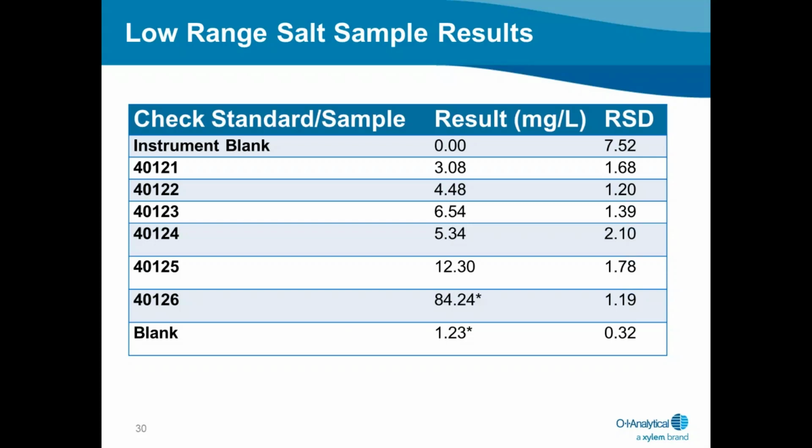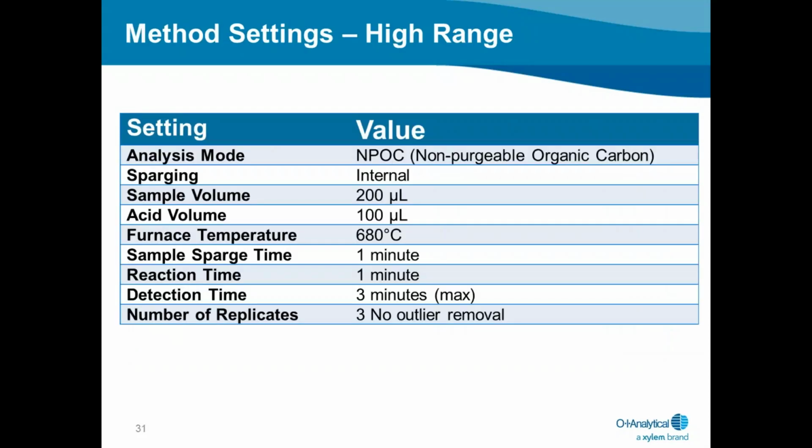Therefore, adjustments were made to the instrument to accommodate the unexpected high-range sample. The instrument was calibrated now in a range of 0 to 100 ppm, and the samples were re-analyzed under the exact same conditions. So when we make the adjustments to the new calibration range, typically the only thing we would have to change would be the sample volume.